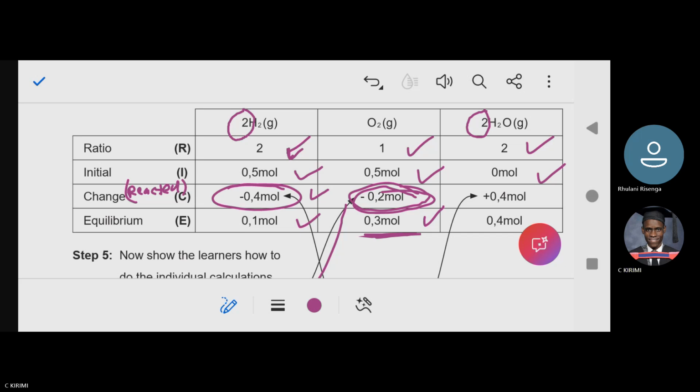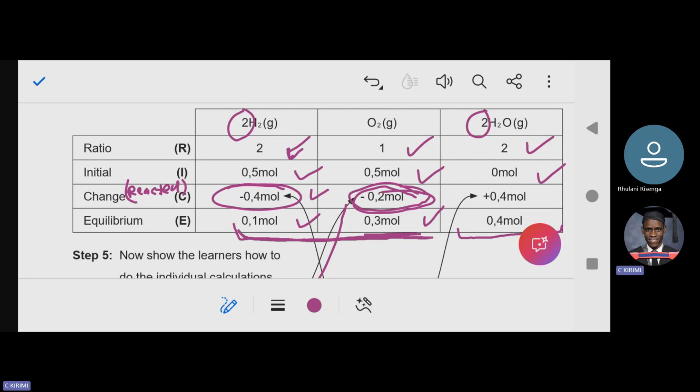And how do you find the number of moles at equilibrium? Since we said at equilibrium the system is not going to lose anything, everything that is formed by these products, the number of moles which they are forming, are producing these ones on the right, 0.4 moles. So that change we are adding.